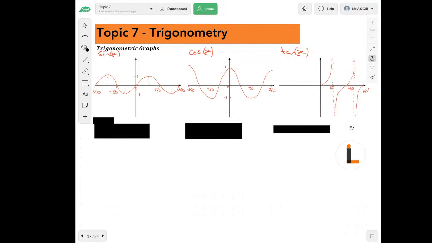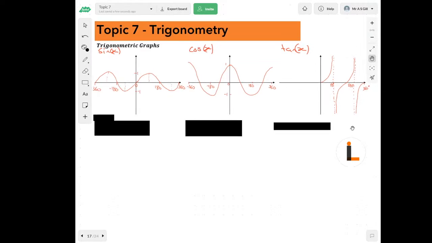Let me just make that clear. You don't need to mark on anything on the y-axis for tan. And you can see tan repeats every 180 degrees. So we can just take this, oh, that is terrible. So we can just take this back here. We've got minus 360.